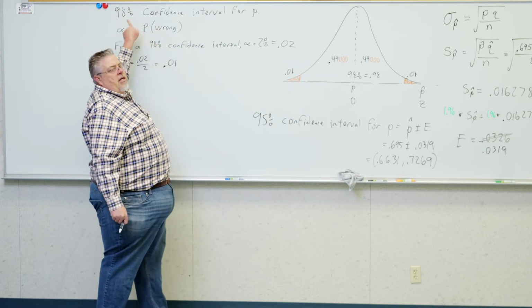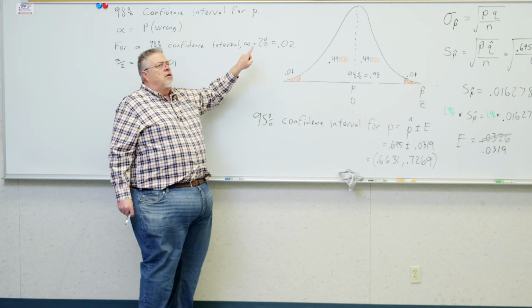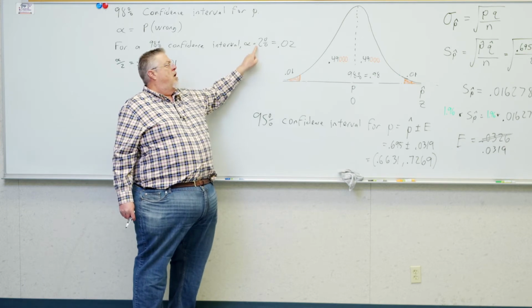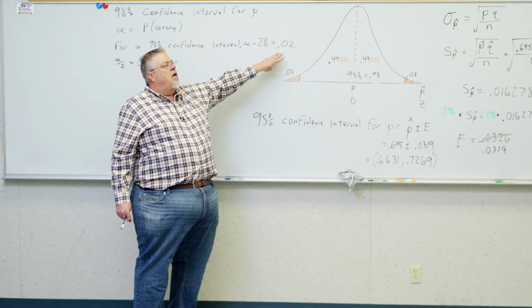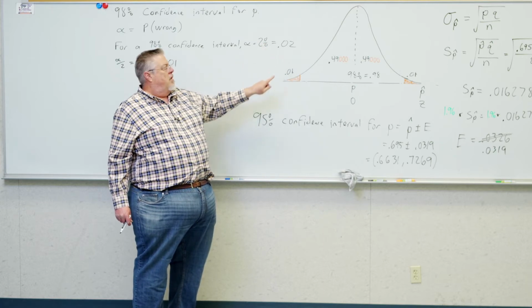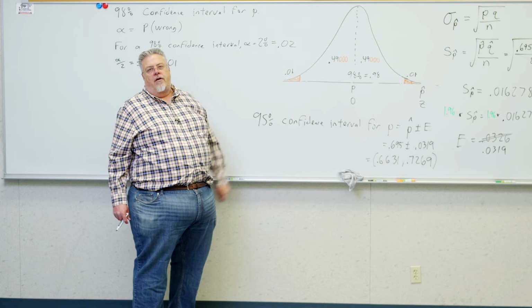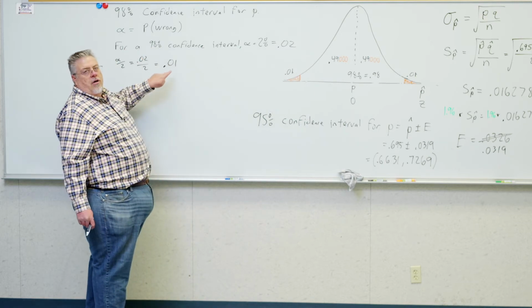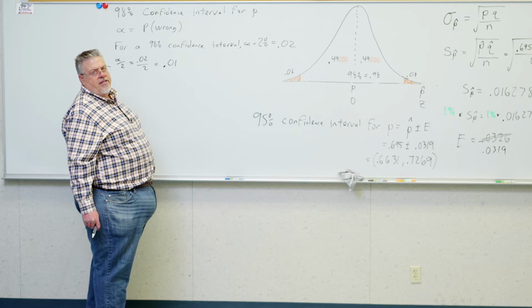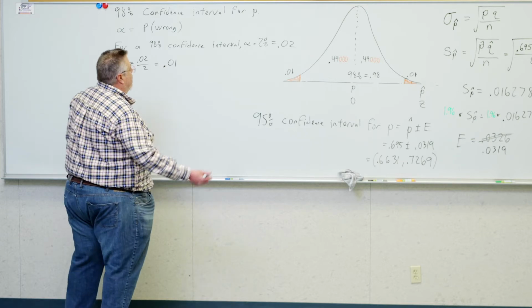If I've got a 98% confidence interval, 2% chance of being wrong, wrote that as a decimal. How much is in each tail? I take this 2%, I divide it by 2 to tell me what the area in each tail is going to be, which is 1% or 0.01.